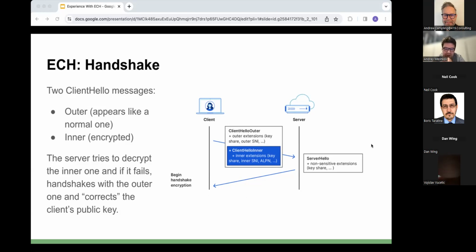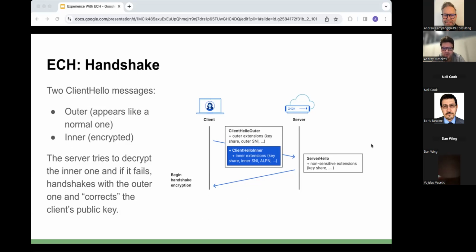Instead of that, it will handshake with the outer client hello, but then through this already encrypted connection, it can signal to the client that its intended destination couldn't be reached due to decryption failure. And it will also send along the correct ECH public key with which the client can retry the handshake.